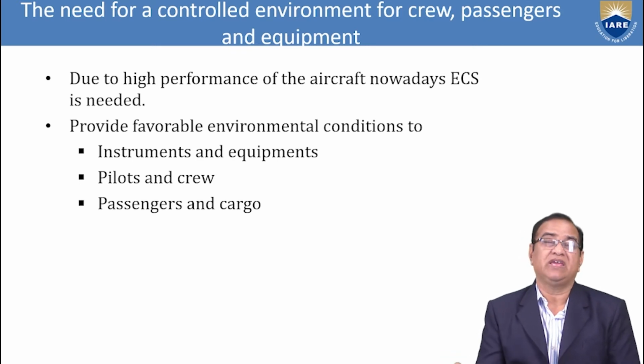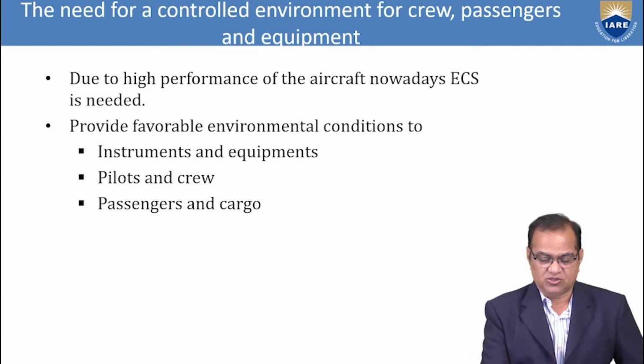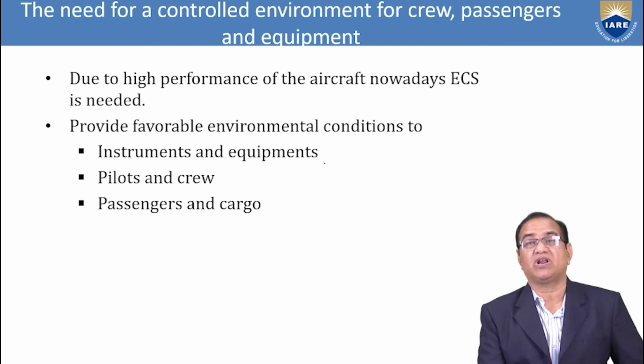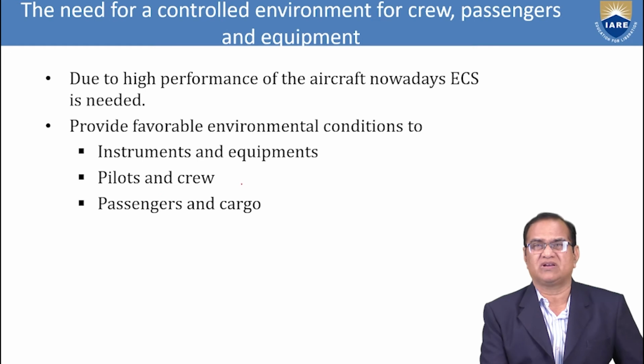So why do we need a controlled and required environmental condition? Instruments and equipment should work efficiently. Pilots and crew should also work at their best efficiency, and the passengers and the cargo.